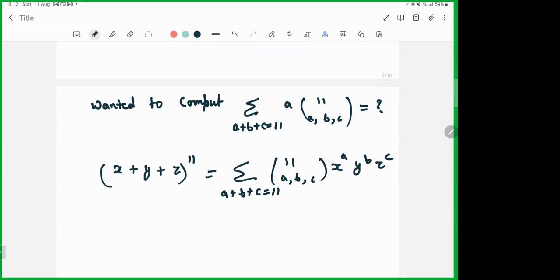No one? This is clear. I want the coefficient a as well. So what should I do? I should differentiate with respect to x, right? Why is this taking this much time?